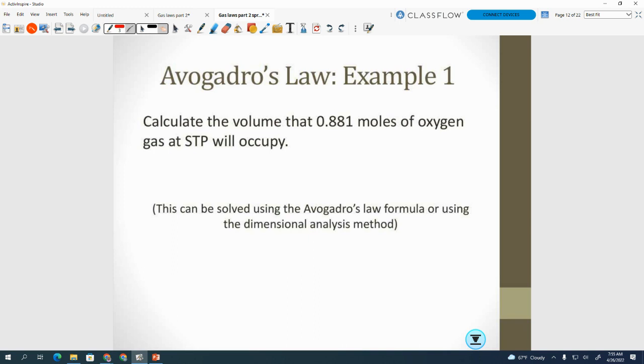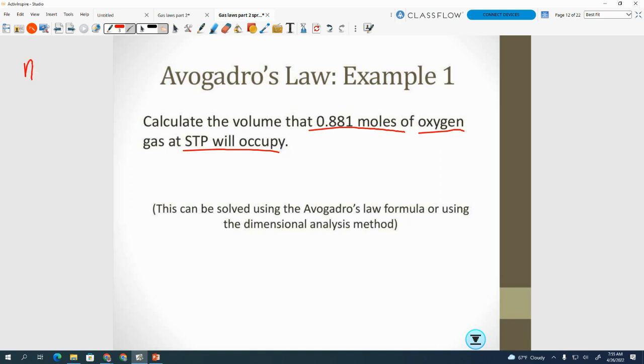So example number 1 says, calculate the volume of 0.881 moles of oxygen. Calculate the volume that 0.881 moles of oxygen will occupy at STP. So we know it's oxygen gas.